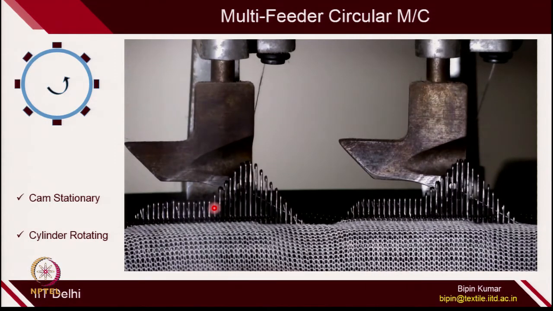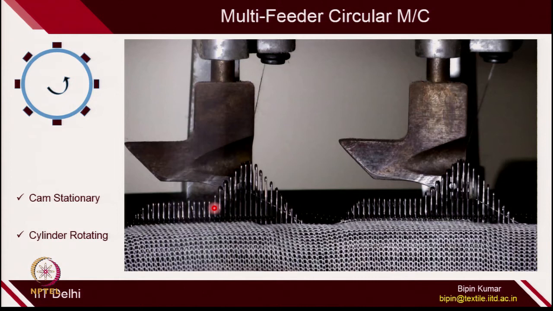In one course each needle is making only one loop, but you can see here since the cylinder is rotating, the same needle in one rotation is making a loop using this feeder and also with the next feeder. So, depending on how many feeders it interacts with, each needle is making that number of loops. In one rotation you are not producing just one course, you are making multiple courses.